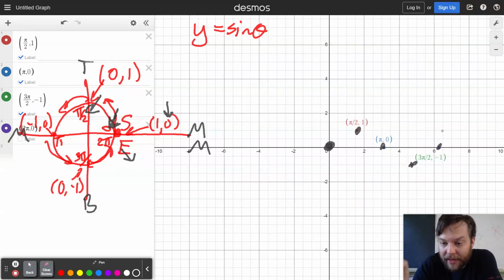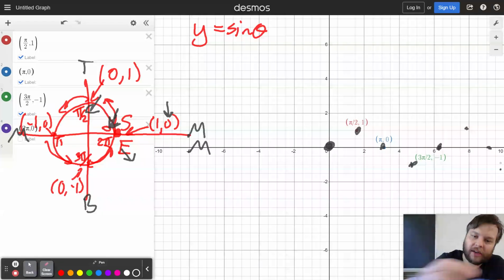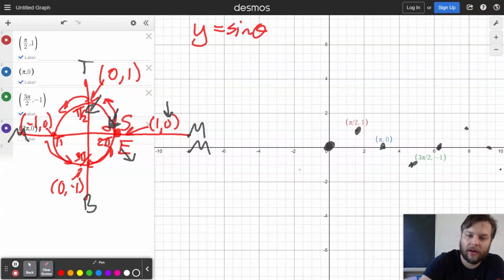And I can repeat that pattern because there's no limit on going around the circle. I can go around it a second time. Middle, top, middle, bottom, and then I run out of space. I can even go the other direction on the circle. I'm just going to run that pattern backwards. So I go bottom, right about there, middle, top, middle.